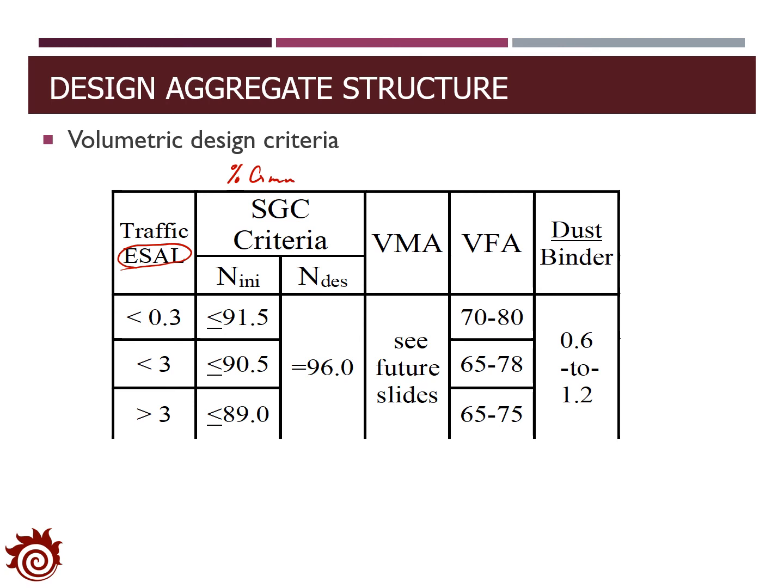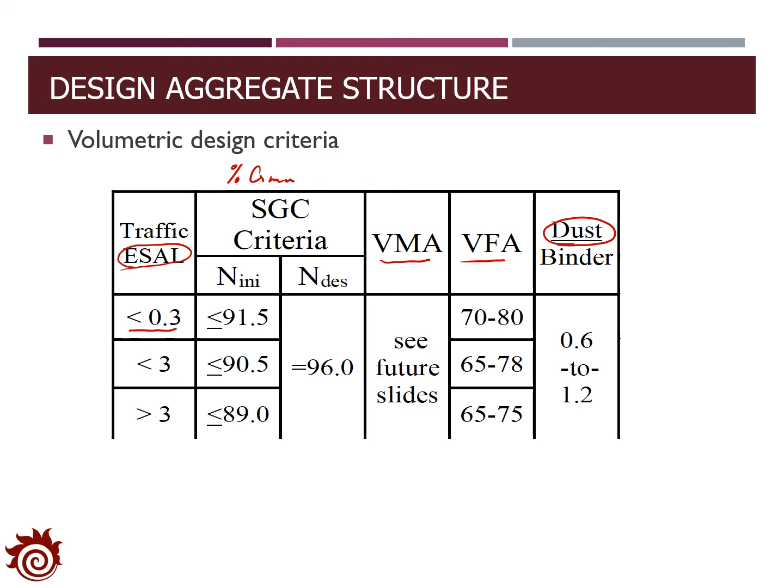We also have the criteria about VMA, VFA, and dust proportion. For example, if the traffic level is less than 0.3, then the maximum specific gravity at N initial will be less than 91.5. For N design, it should always be close to 96.